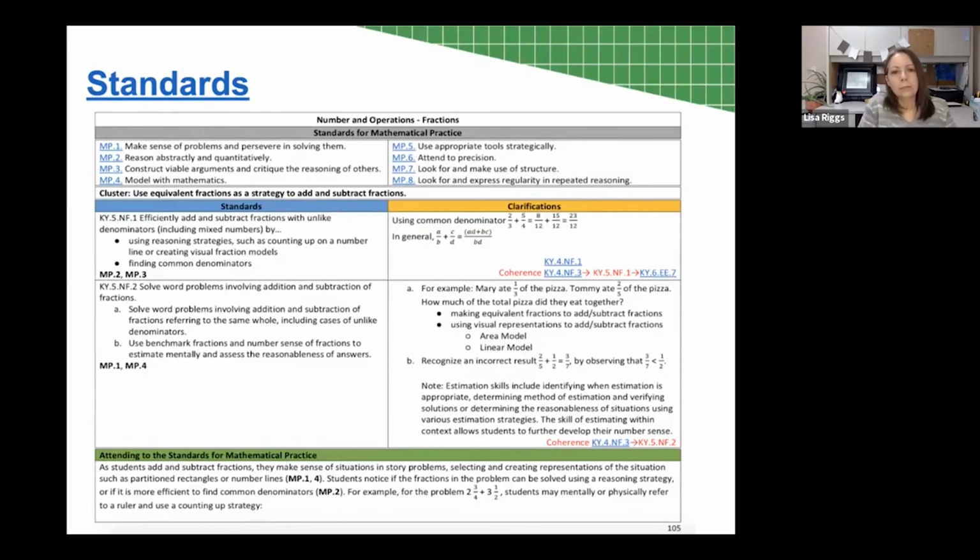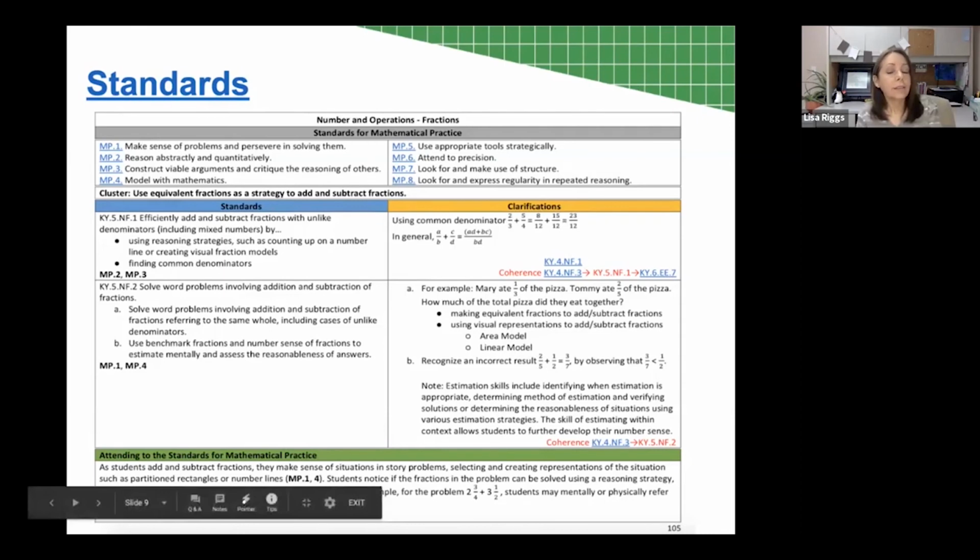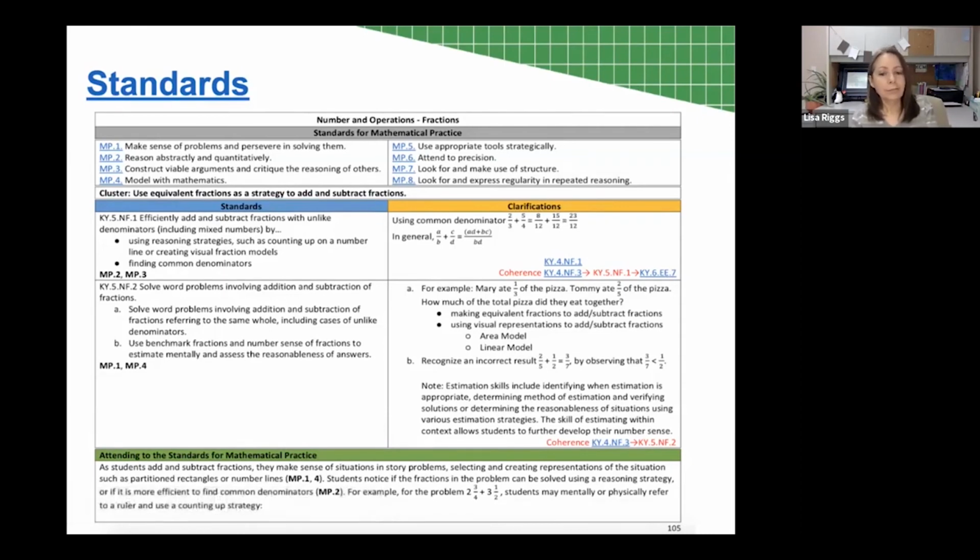The 2 bullets tell us that we want kids using reasoning strategies, such as counting up on a number line or creating visual fraction models to add and subtract, and finding common denominators. And thinking back to that statement at the beginning, that might be giving us a clue.